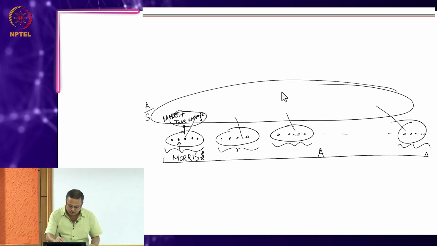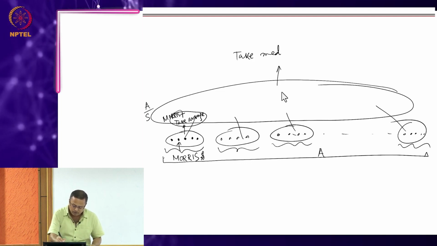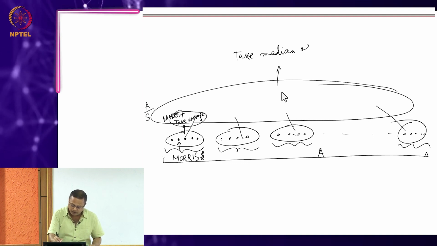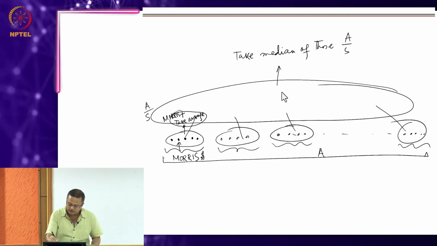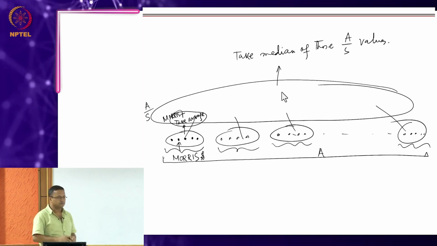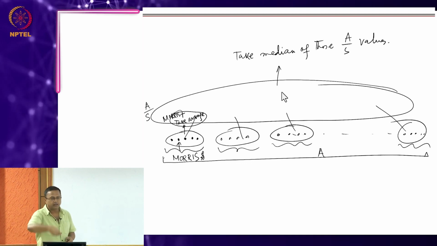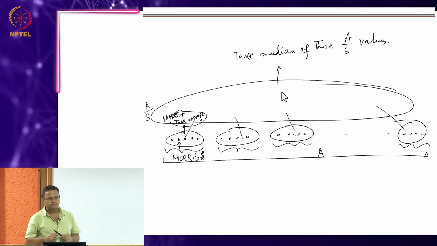Now, what you do is take the median of those A by S values, and you return that as your output.